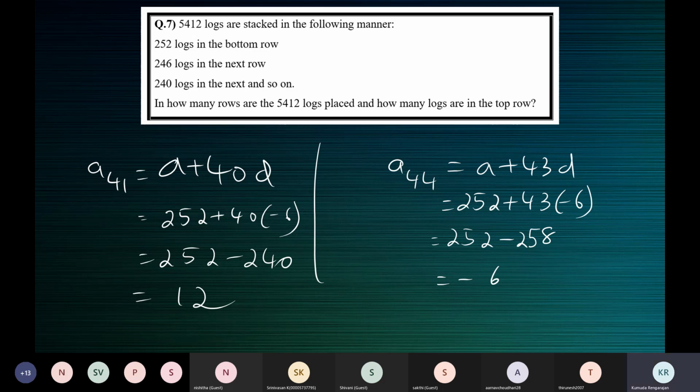In how many rows are 5,412 logs placed, Sudarshan? Answer this question. In how many rows are 5,412 logs placed?